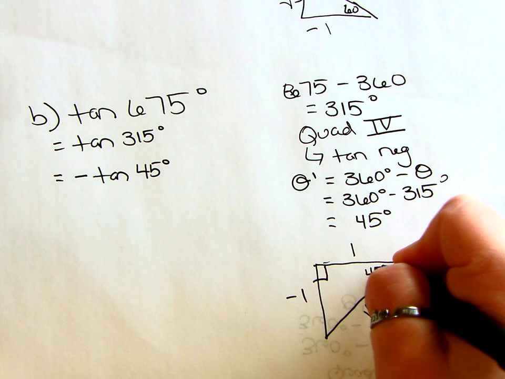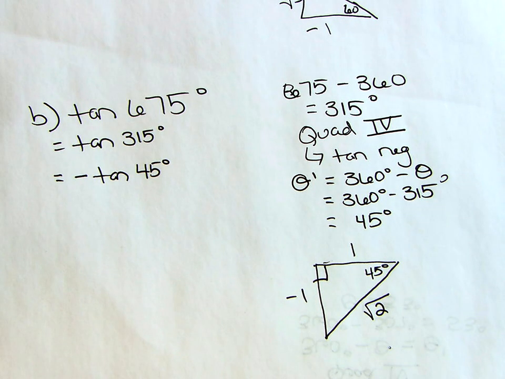TOA is opposite over adjacent, which would be -1. Tangent of a 45-degree angle is always 1, but in this case it's negative because it lives in quad 4.